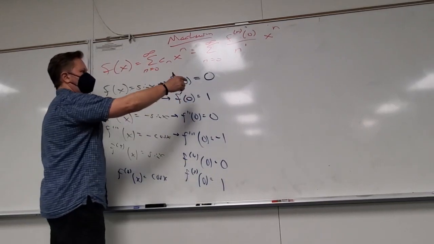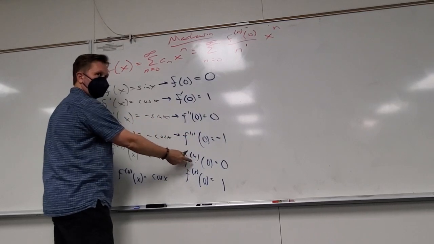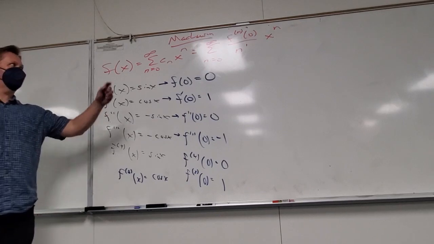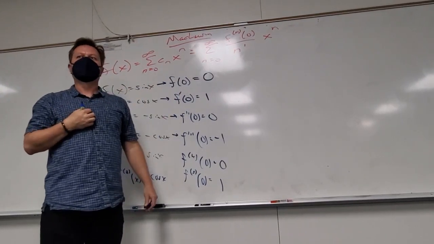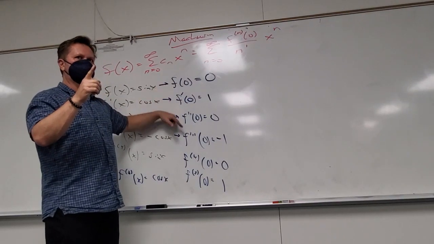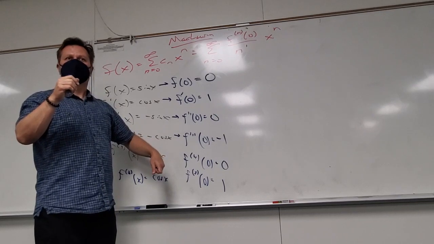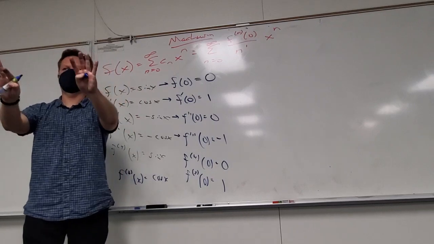So it looks like if I ignore all the even derivatives, which powers of x are going to be missing from the polynomial version of sine? Okay, let's just construct it.